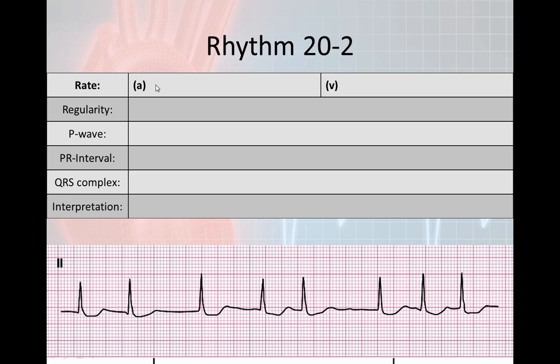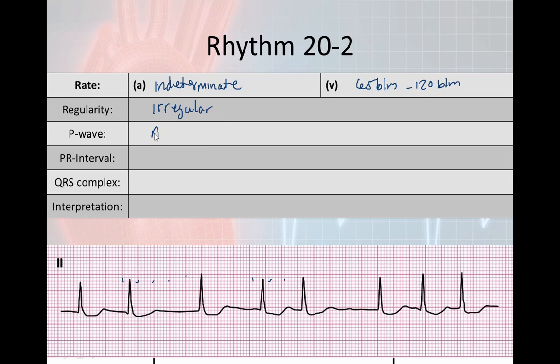The atrial rate is indeterminate. Ventricular rate, the widest is 300, 150, 100, 75, 60, so we'll say 65. The closest right here, 300, 150, 100, so we'll say 120. Pretty wide discrepancy right there. Regularity is irregular.